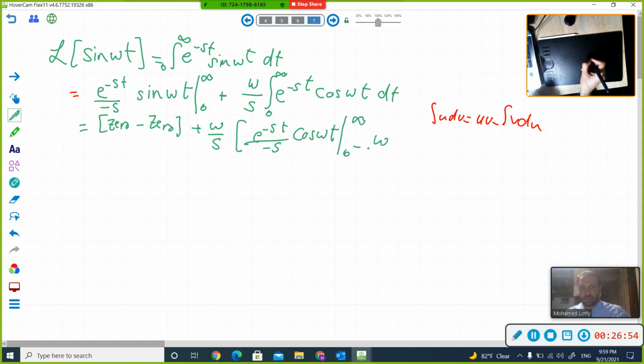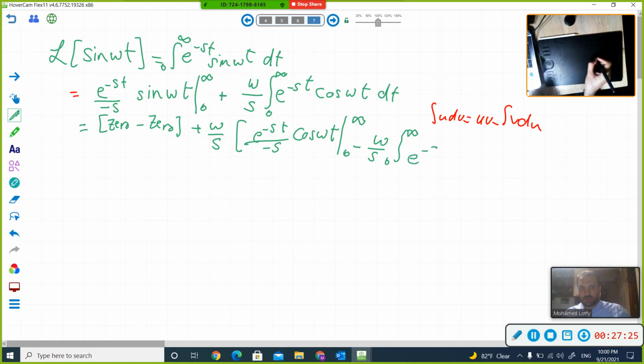Negative omega divided by s. When taking the derivative of cosine, it will have a negative sign. We have a negative from the definition of integration by parts, and we have a negative from the first part, so we end up with this negative.